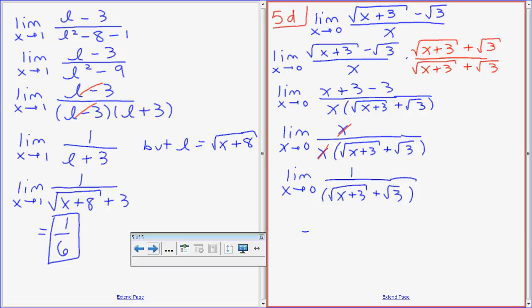Which is equal to 1 over 2 root 3. Root 3 plus root 3 is 2 root 3. And that should give you the same answer if you did it by substitution.